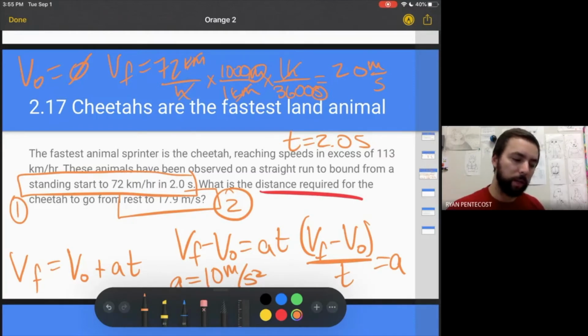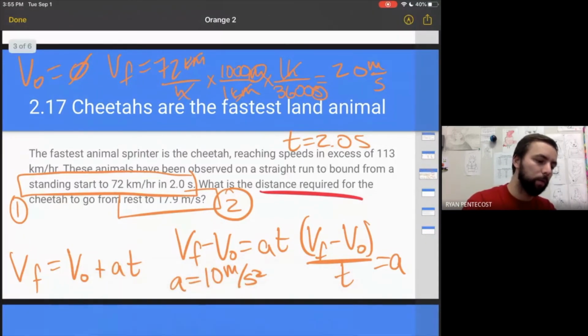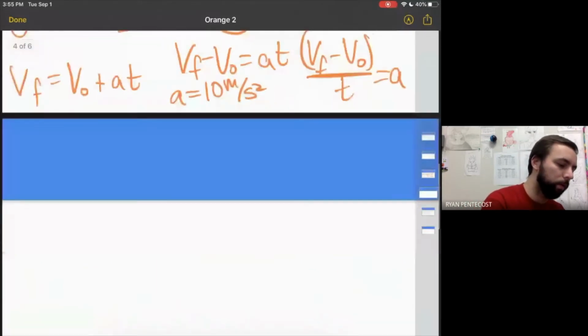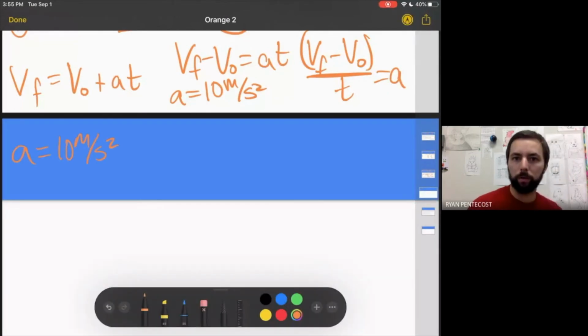Now that we have that acceleration, we can find the answer to part 2, right? This slide's getting kind of messy, so I'm going to go down a little bit further and we can reset our problem here. We know the cheetah is accelerating at 10 meters per second squared, since we got our units to agree from that kilometers per hour.